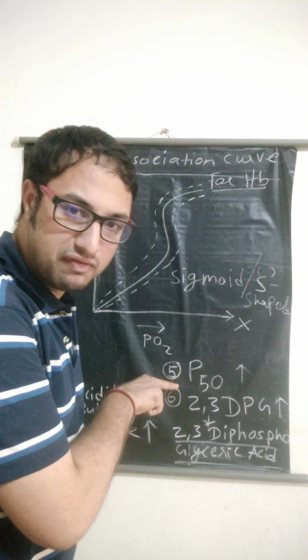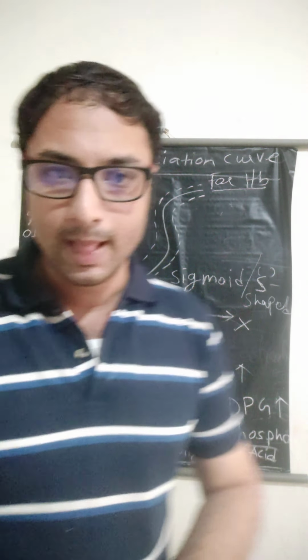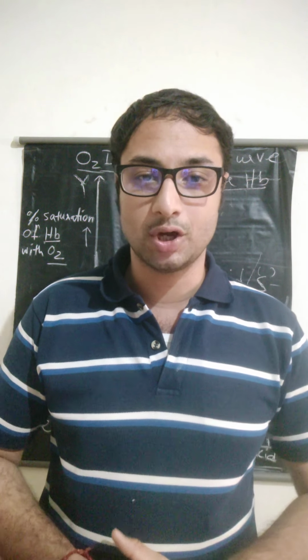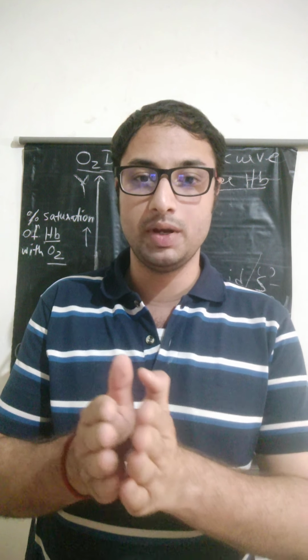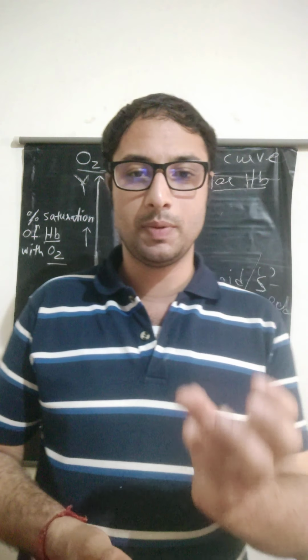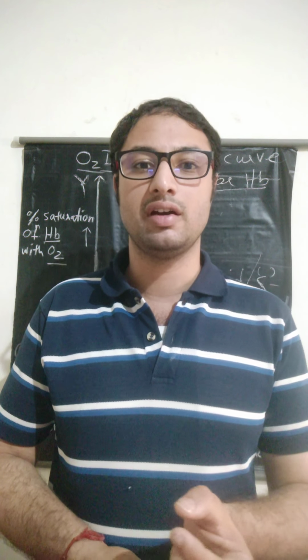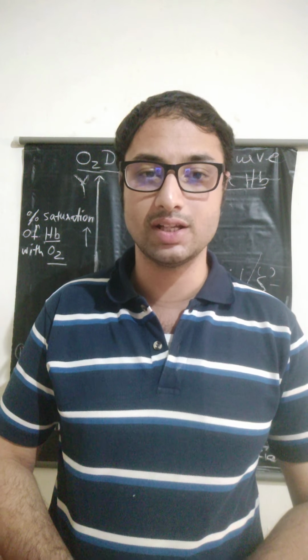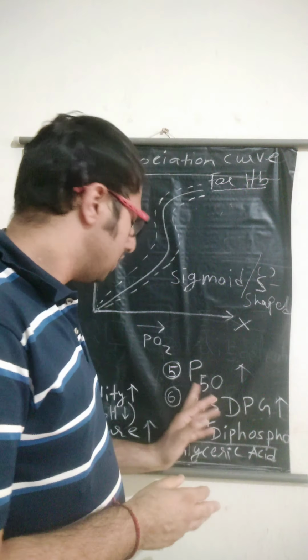What is the meaning of P50? P50 is the partial pressure of oxygen at the time when the hemoglobin is 50% saturated with oxygen.